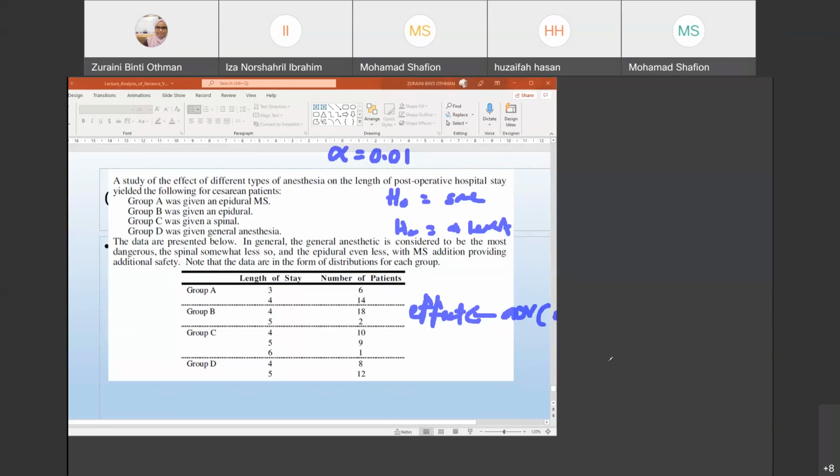Okay, then after we get this, for example, R gives the result p-value. Just now our significance level is 0.01.